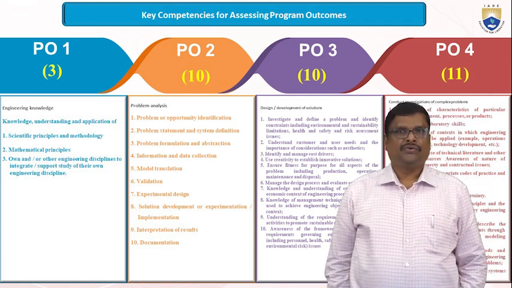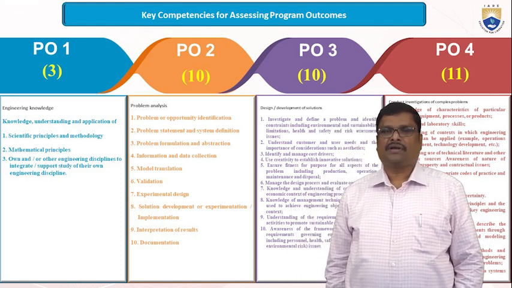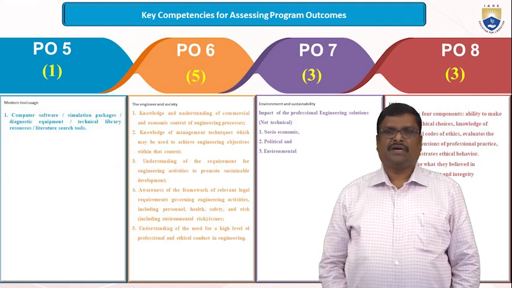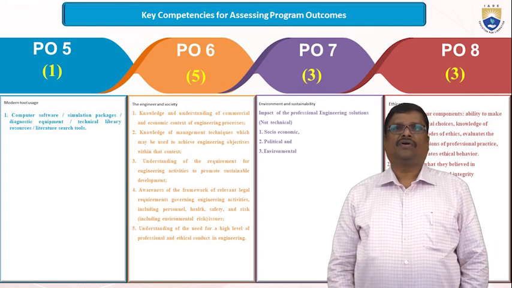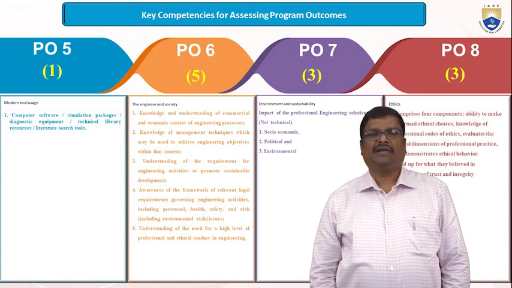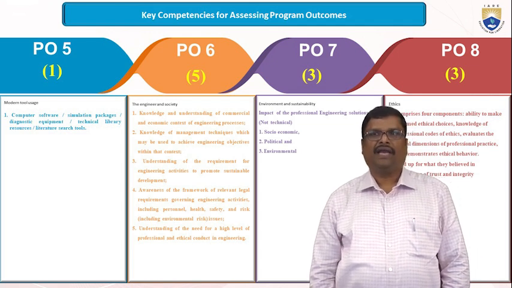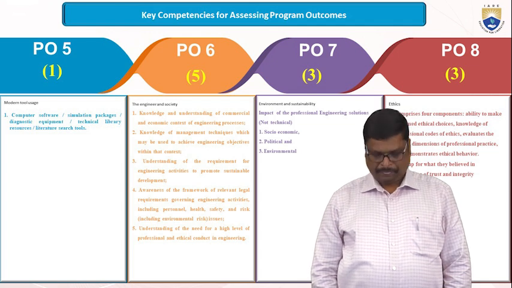PO2 has 10 key competencies, PO3 has 10 key competencies, PO4 has 11 competencies, PO5 has 1 competency, PO6 has 5 competencies, PO7 has 3 competencies, and PO8 has key competencies defined. Like that.